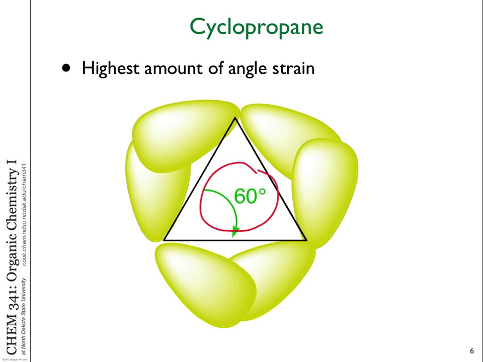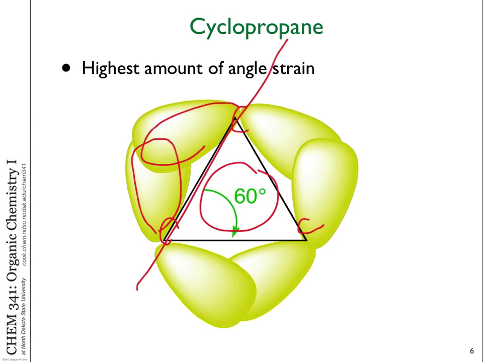So if you were to see where the electron density is in the covalent bonds between the carbons, you see that the electron density actually is bent out away from the linear bisection of those two carbons. That's because that angle strain is so high that it can't get to that linear. That would be nearly impossible. Probably is impossible. So the bonds are highly strained in cyclopropane.